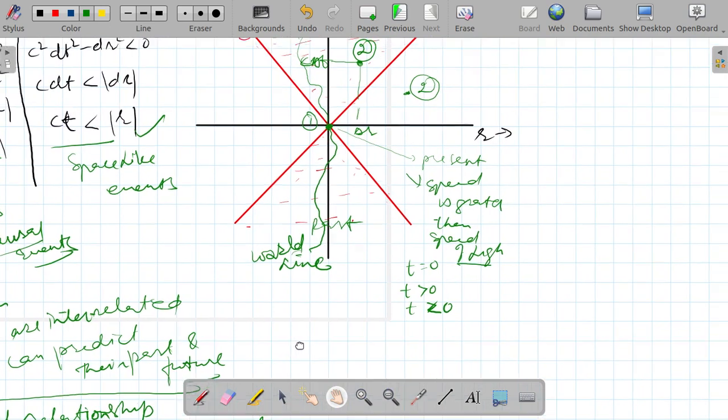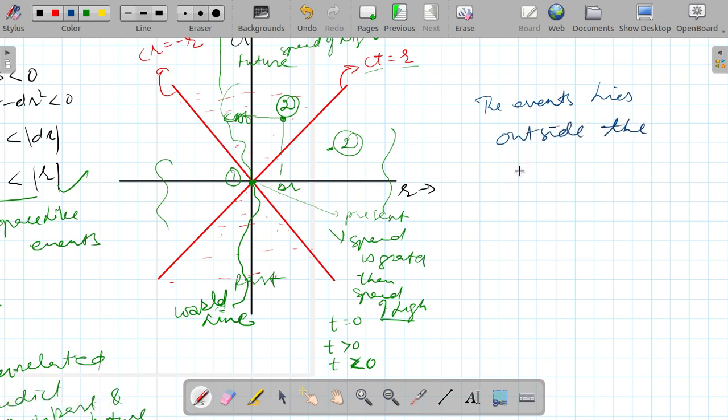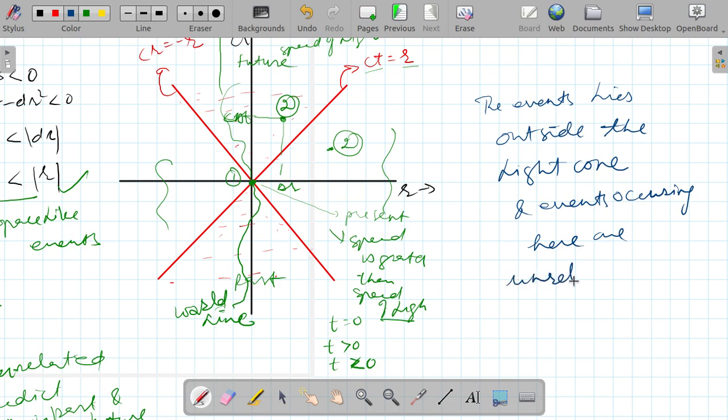But on the other hand, in this region and this region, the events lie outside the light cone, and events occurring here are unrelated.